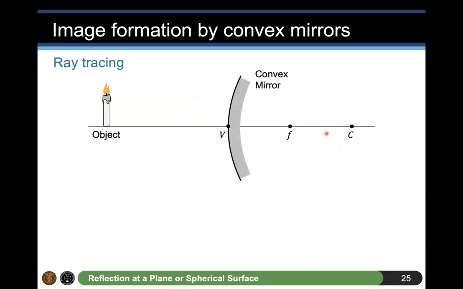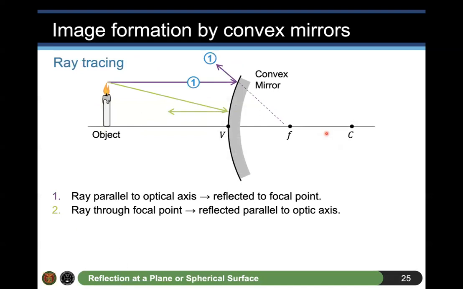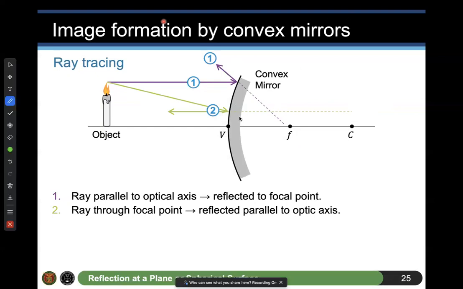So, ano yung tsura ng ray tracing for convex mirrors? Okay. So, again, we have these four rays, a parallel ray to optical axis, the reflected, the ray through the focal point. Okay. So, if we try to extend this, mag-extend to through the focal point.